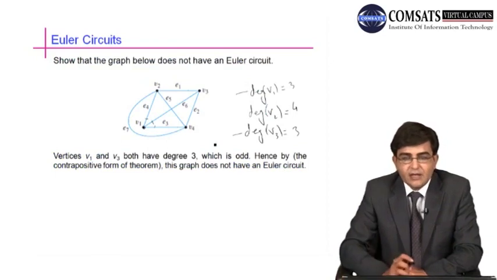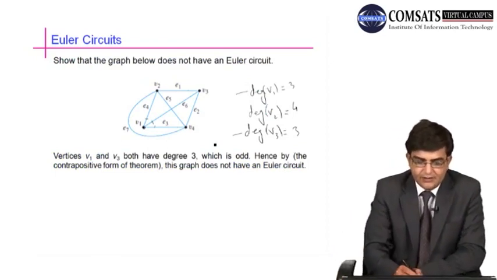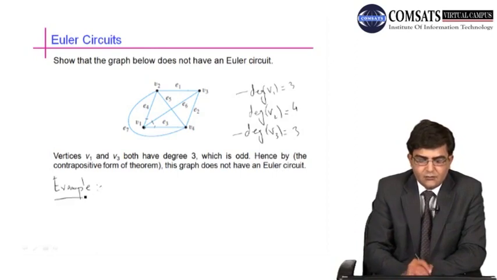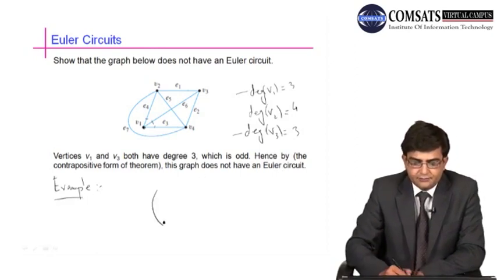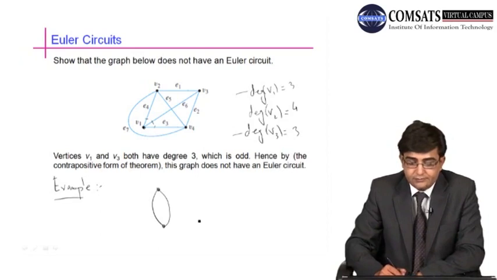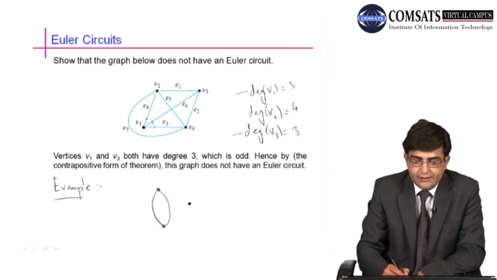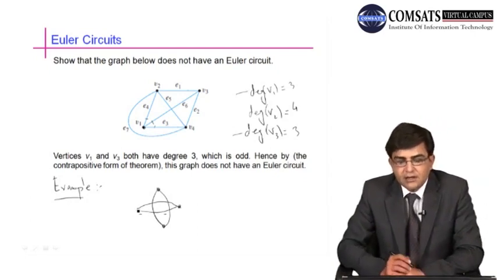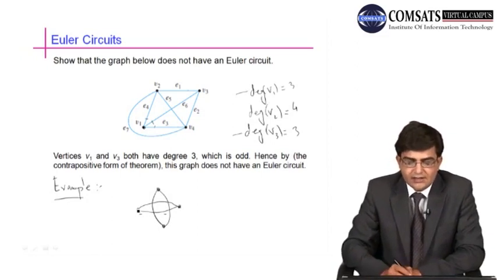For example, if we consider another example, now consider this graph. Here is a vertex, here is a vertex, and this one, for example, here is a vertex, here is a vertex. So this is a graph which has 4 vertices.